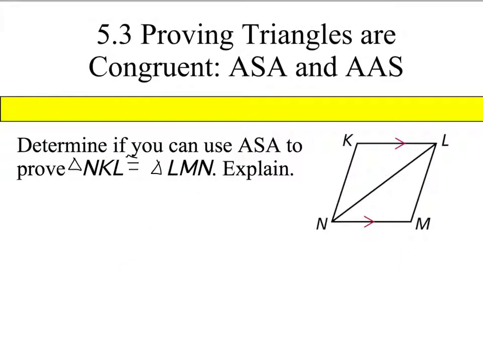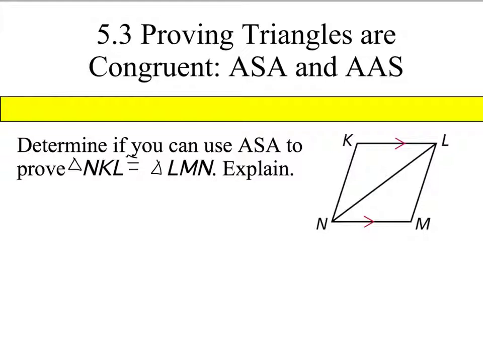I want you to try this one, see if you can determine based on everything you know, can you use the angle side angle to prove triangle NKL is congruent to triangle LMN? Explain. Again, you do not have to write a two-column proof, but I believe a two-column proof can be used in your explanation, and it would help in your explanation to prove if this is true or not.